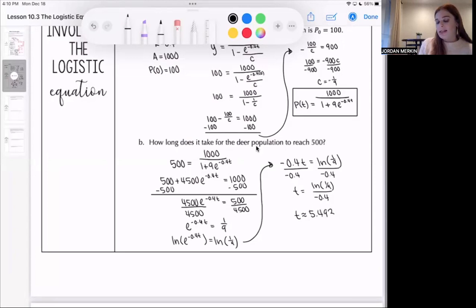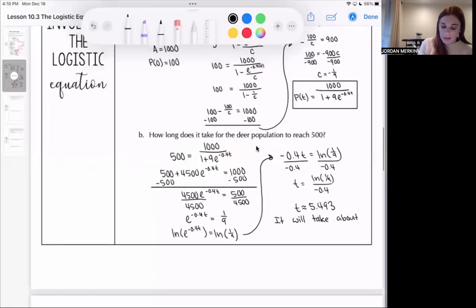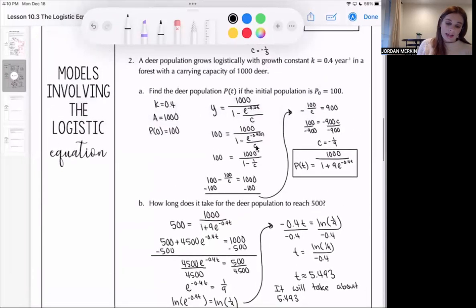Now, whenever it is an application problem, you want to include units. So I'm going to say it will take about 5.493, and it's going to be years, per year.